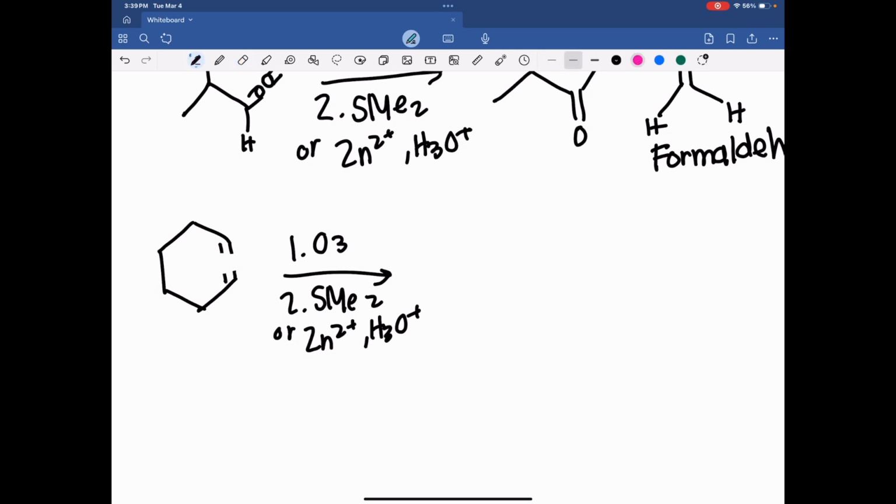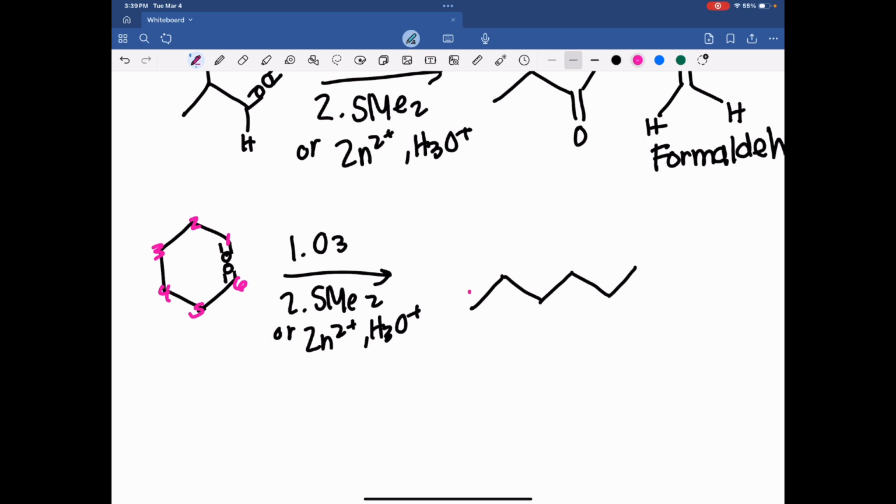And I'm going to add an oxygen between where I cut. So now to redraw this one, what I like to do is I just like to count my carbons and number them. So 1, 2, 3, 4, 5, 6, and I cut my ring. So this ring is no longer connected. And so I am going to 1, 2, 3, 4, 5, 6, make it linear.